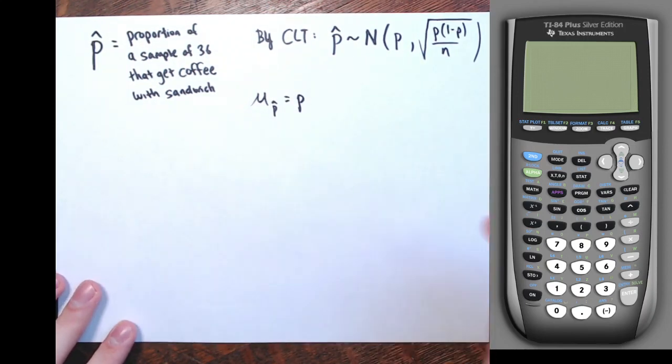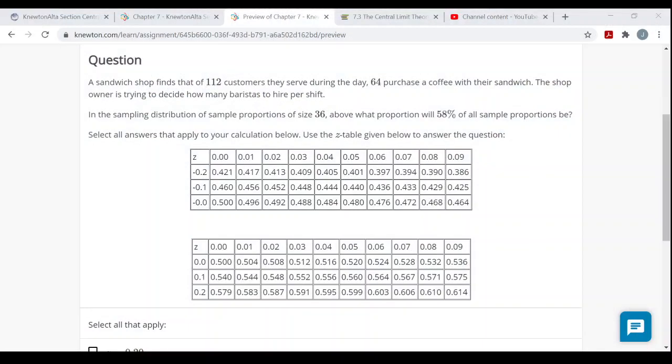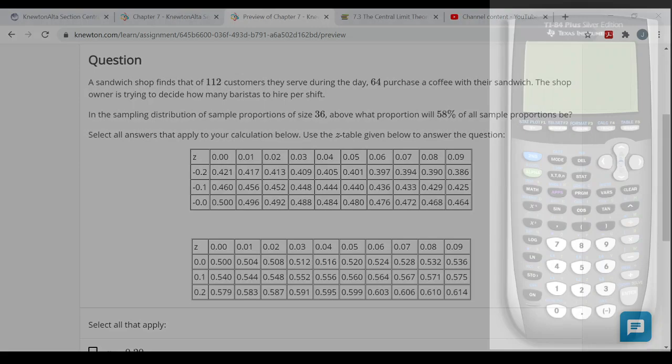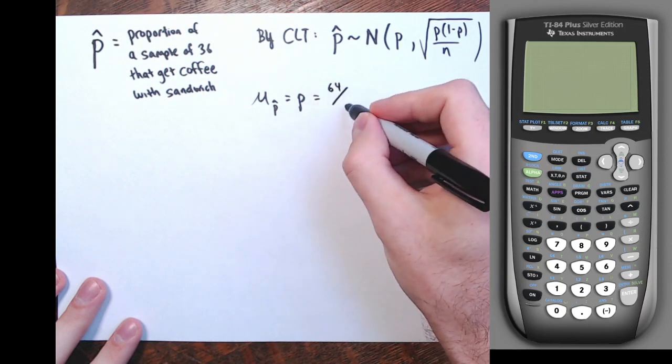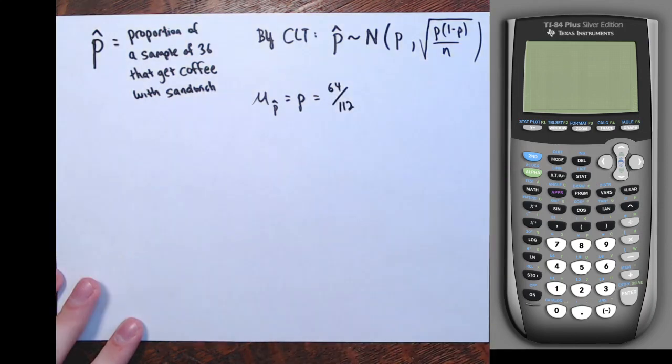Now, what was the population proportion? All right, so they said of all 112 customers, that's the population they served during the day, 64 purchased coffee with a sandwich. So 64 out of 112 is the population proportion. 64 out of 112.